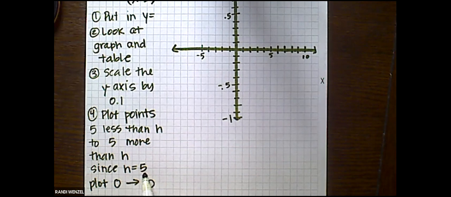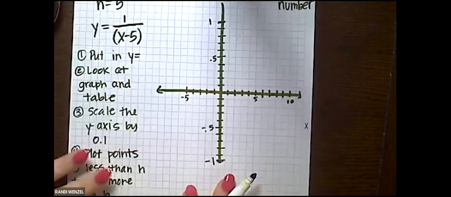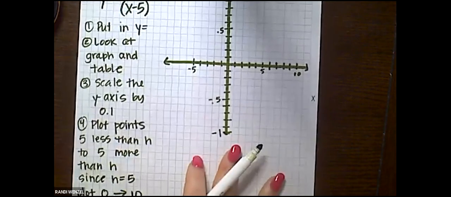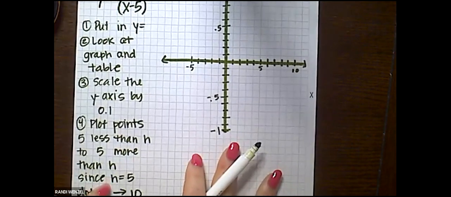If my h was like 7, I would go from like 2 to 12. That would give you the best graph because your graph is always going to kind of be surrounding whatever your h is.